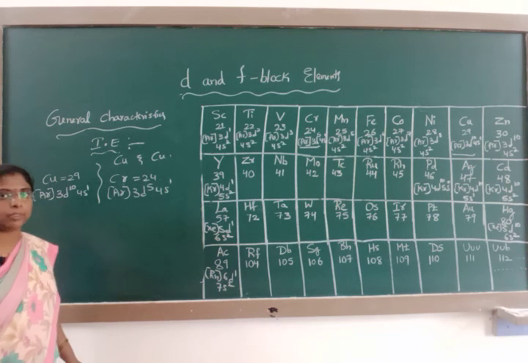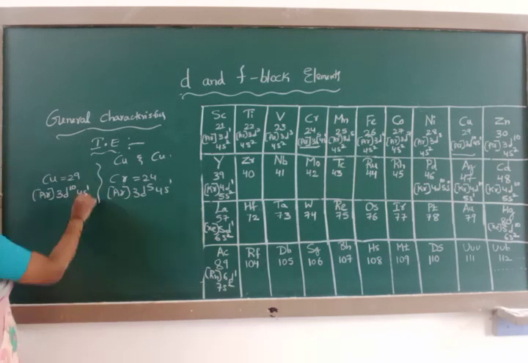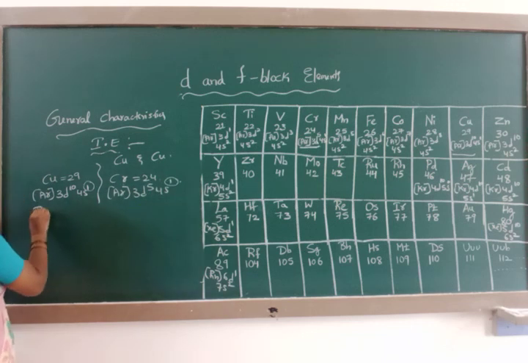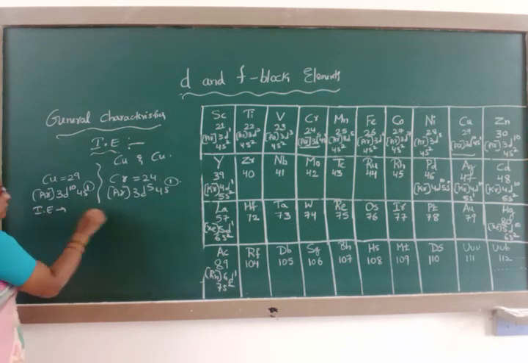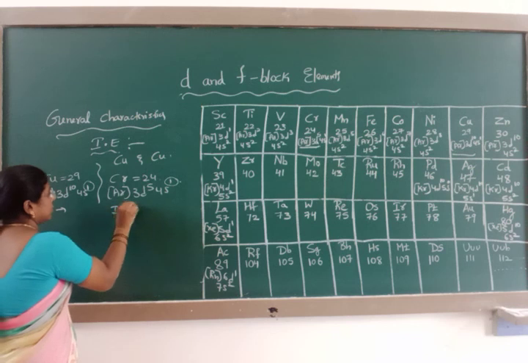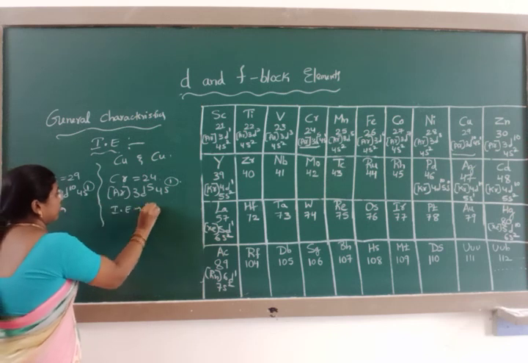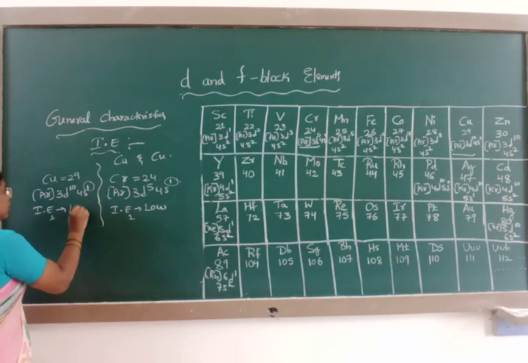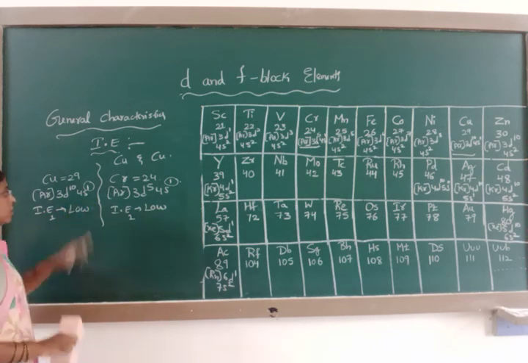If I take the first ionization enthalpy, if I remove one electron from 4s, the first ionization enthalpy of these two elements is low. We can easily remove the electron from the 4s shell.